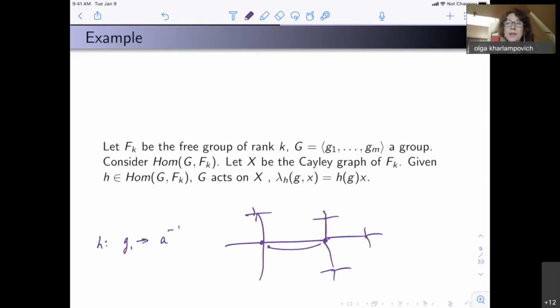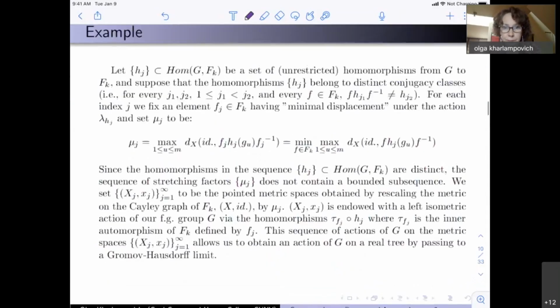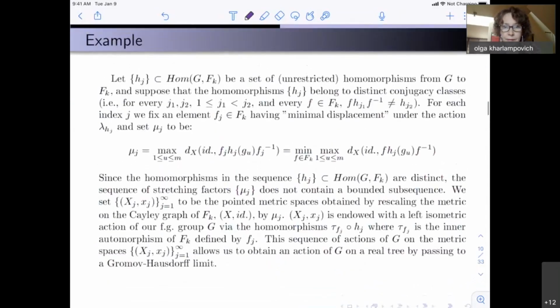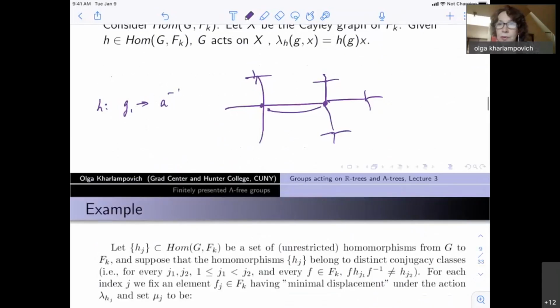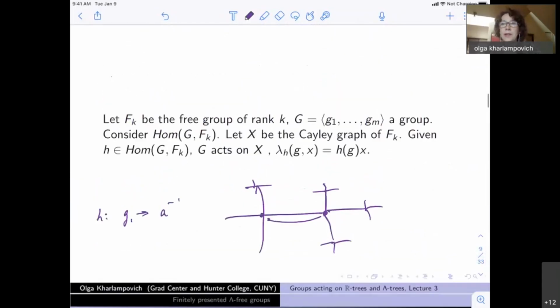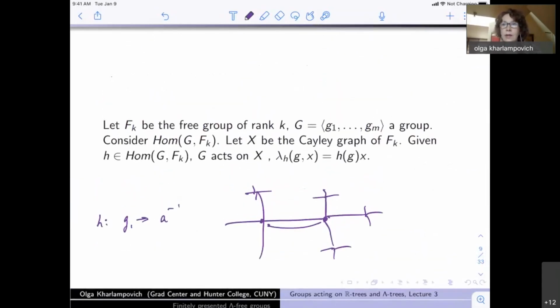Okay, now suppose we have a sequence of these homomorphisms. So the group G acts through each homomorphism.